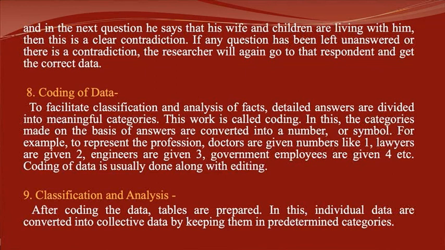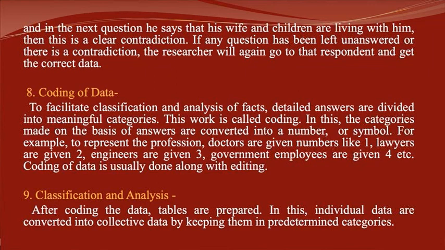To facilitate classification and analysis of facts or data, detailed answers are divided into meaningful categories. This work is called coding. In this, the categories made on the basis of answers are converted into a number or symbol.